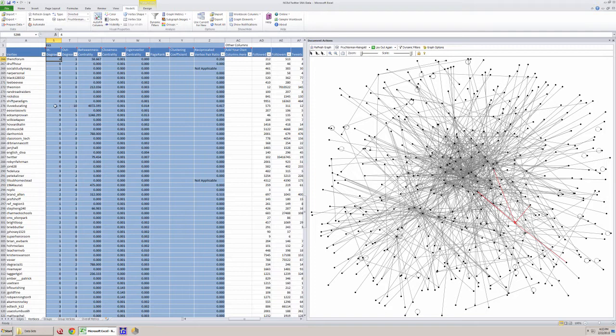This I Love Educating has been mentioned or replied to 9 times, or by 9 people, actually. Not the number of times, but the number of people who have replied to or mentioned that person. That's an important distinction to make: this isn't the number of times they've been replied to. It might actually be more than this. This is the number of individuals who have replied to that person.